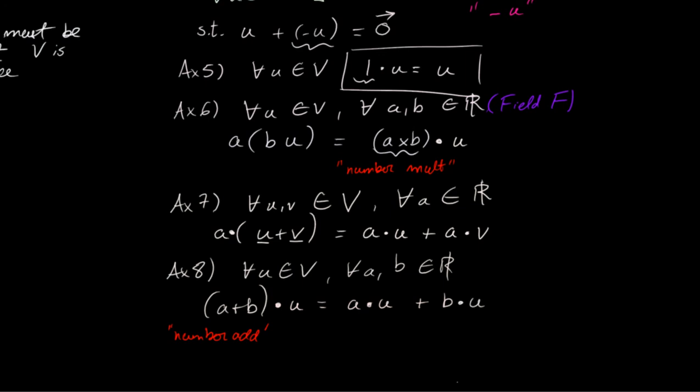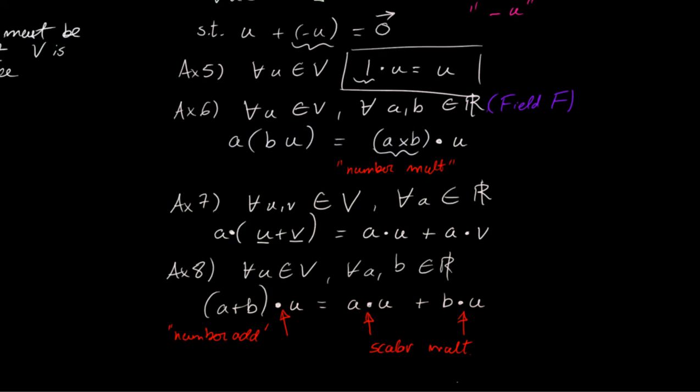Okay, and I just want to emphasize that this dot is just doing the scalar multiplication. Probably should have done a different color, but you get it. Okay, so that's the definition.